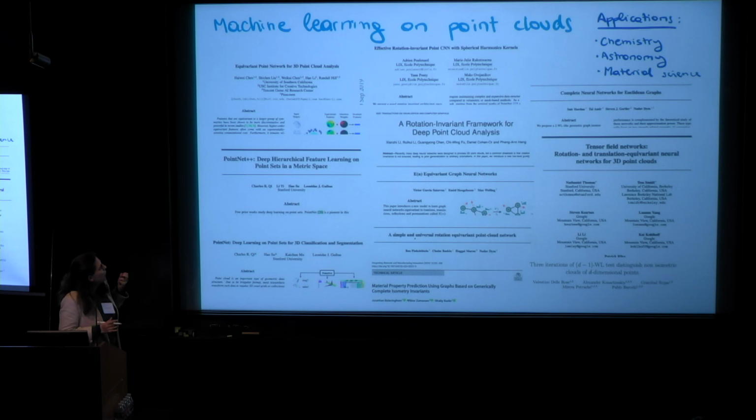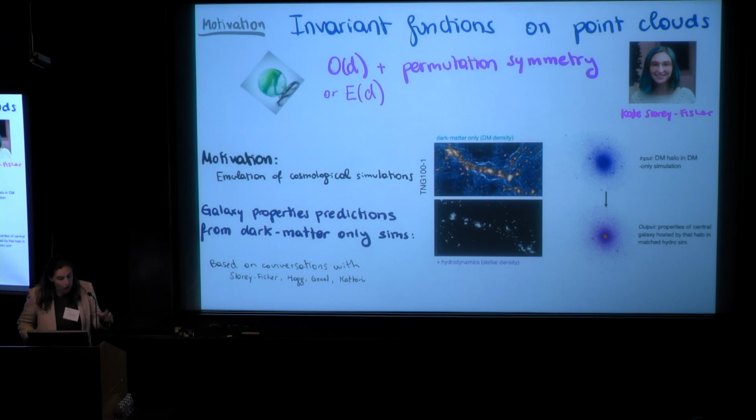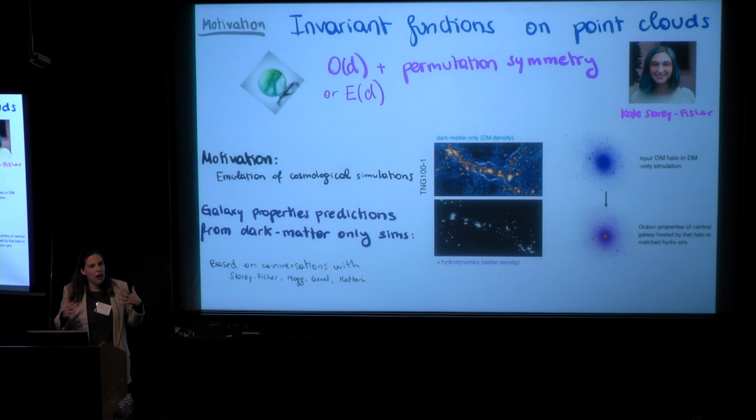And in particular, the machine learning on point clouds that we want to look at now, different from Aram's, is that we want functions that are invariant with respect to orthogonal transformations and permutations. In his case, permutations was the invariance that he wanted to look at, but orthogonal transformations was not something that he mentioned in his talk.